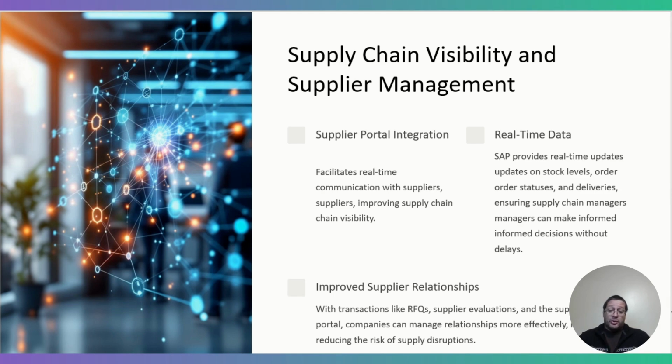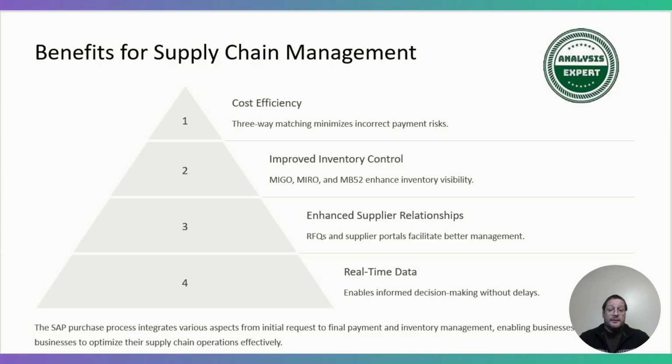Better inventory control. The use of MIRO, for example, the MIRO transaction, MB52 transaction, improves inventory visibility and accurate stock management, reducing the chances of running out of stock. Or if we have excess inventory, because we can have excess inventory, that needs to be corrected.